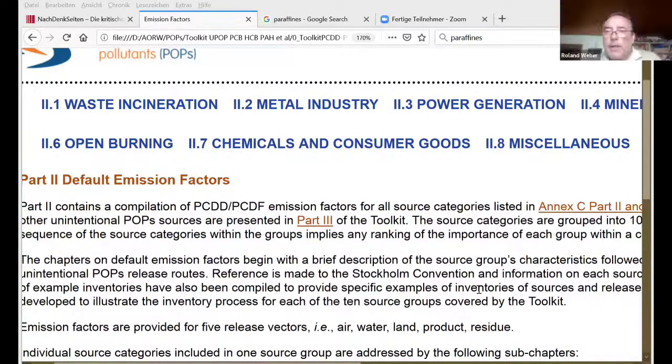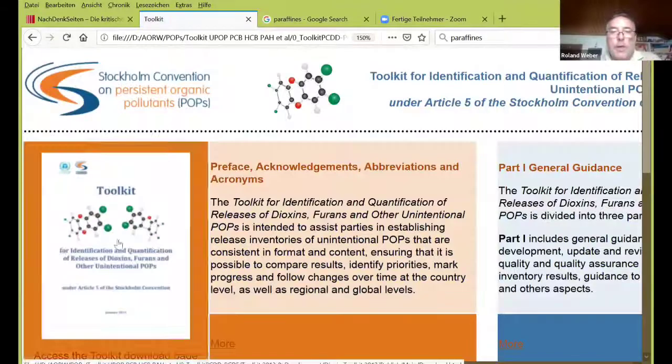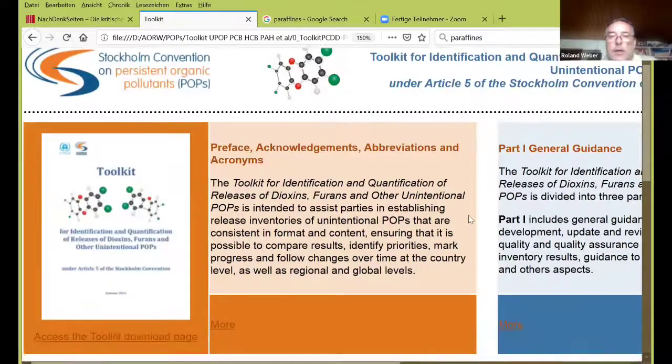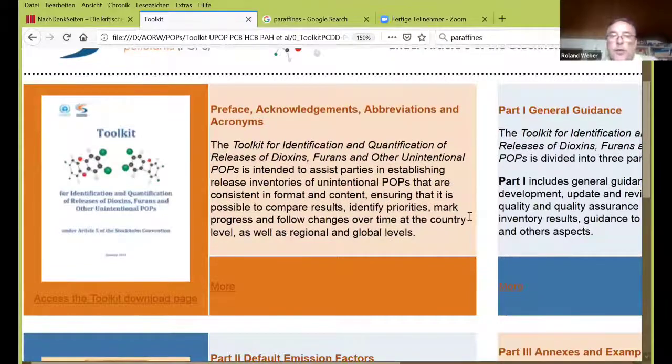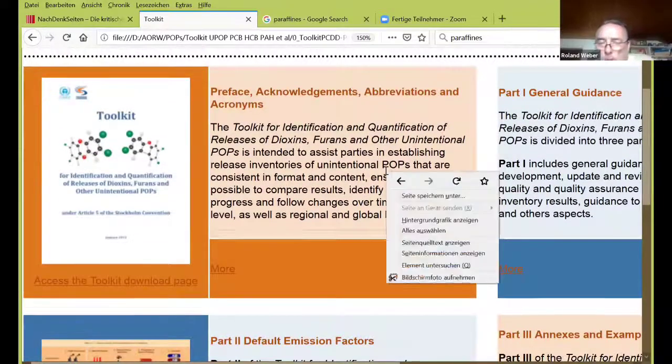So what you see here, wait, I need to move this. So this is now the toolkit. Maybe we go first to the main page. In the main page, you see first the introduction.